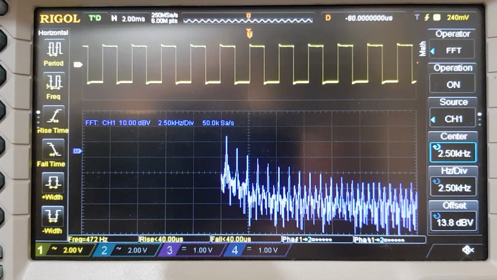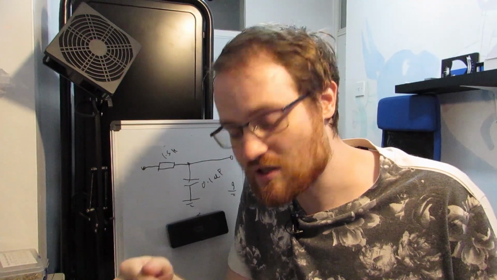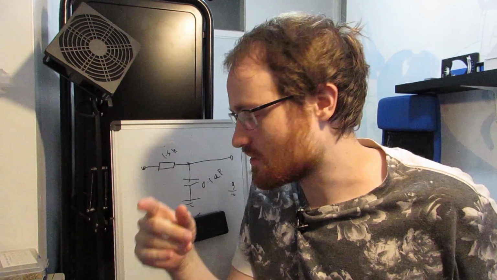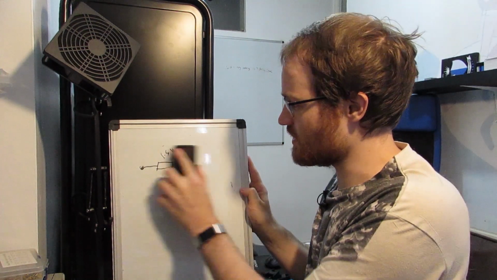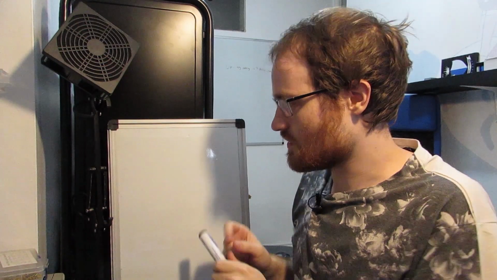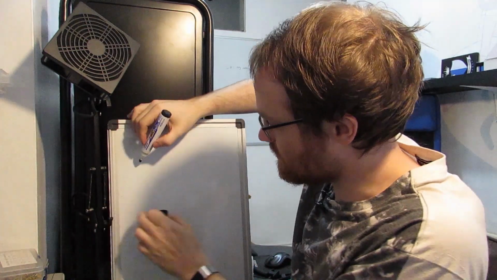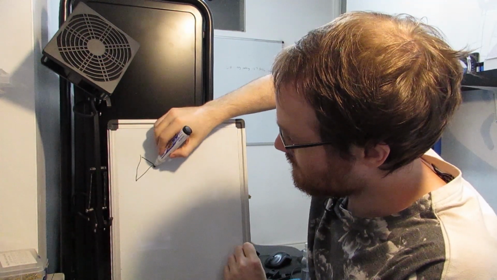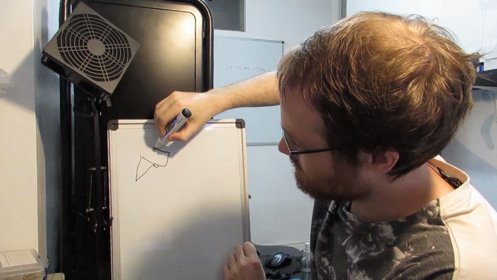Now the reason for that is that this chip can only provide so much current. So remember, let's have a look at what's happening at the chip, because we didn't actually draw the chip connected up. From our first video, if you cast your mind back all that time ago, this is our little inverting Schmitt trigger.